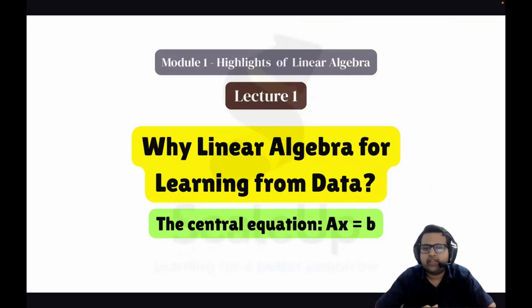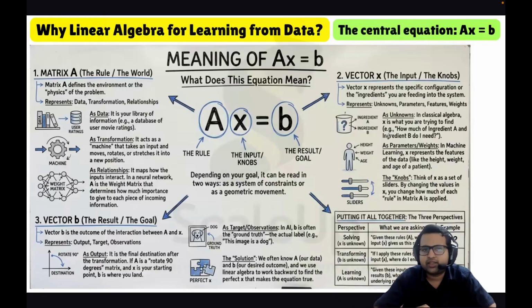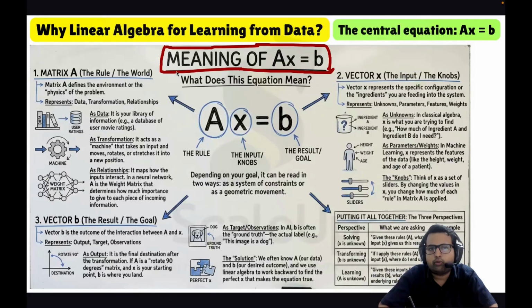The central equation of linear algebra, Ax equals b. Now we will discuss the central equation of linear algebra, Ax equals b. First, let us understand the meaning of Ax equals b. What does this equation mean?